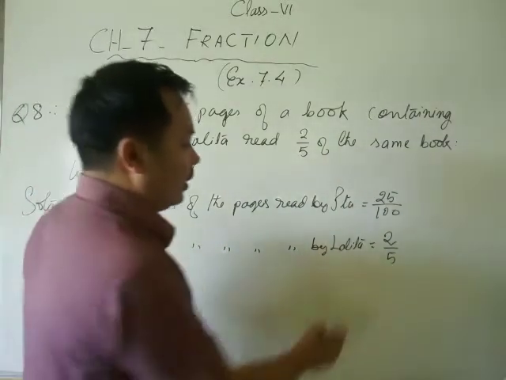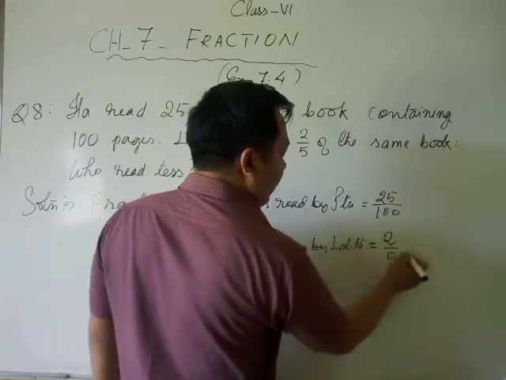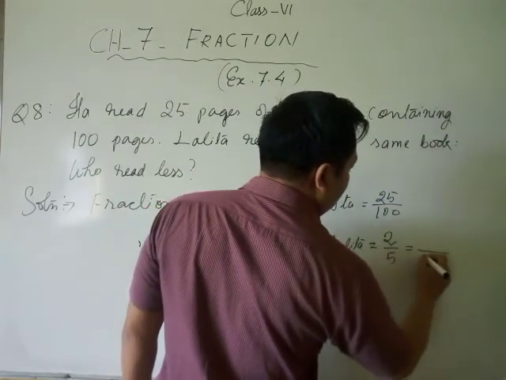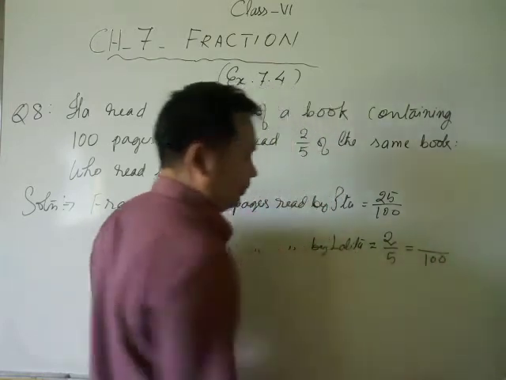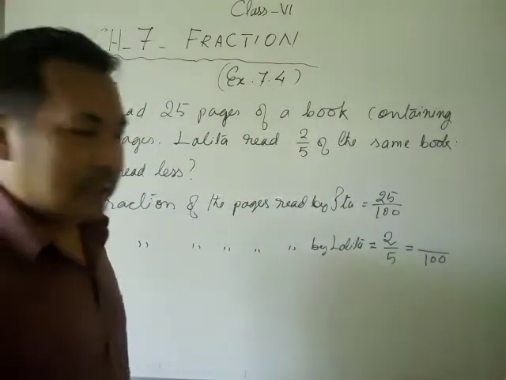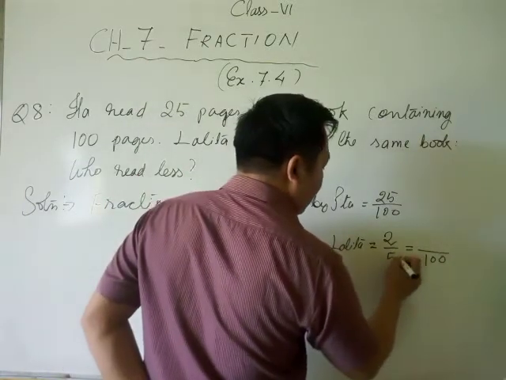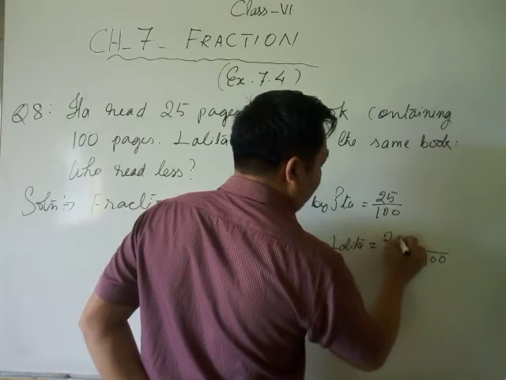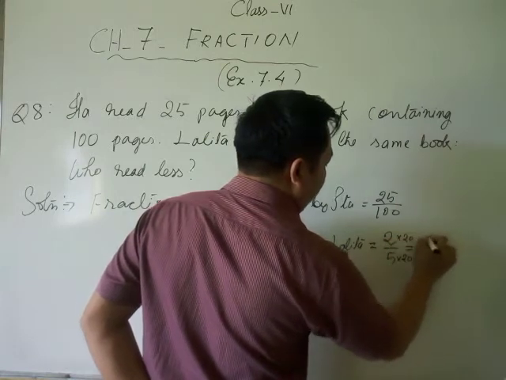So what happened? We have to convert this into a fraction having 100. Understand? And what do we multiply here? 5 times 20 is 100. Here also we multiply 20. 2 times 20 is 40.